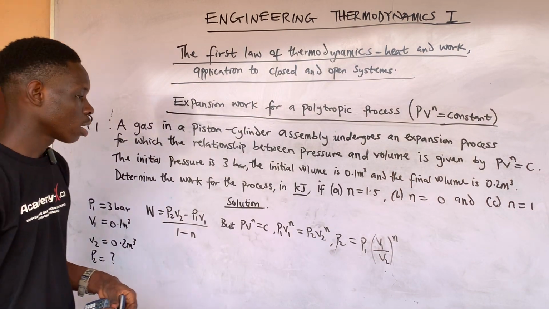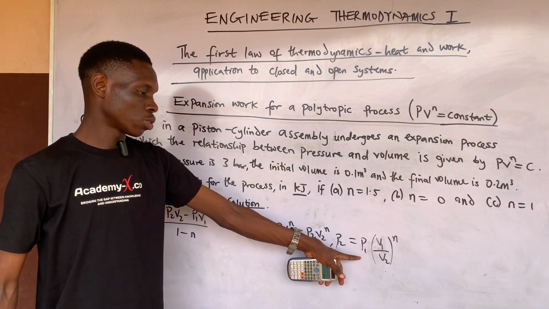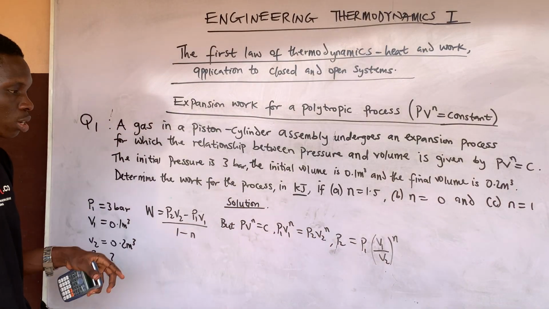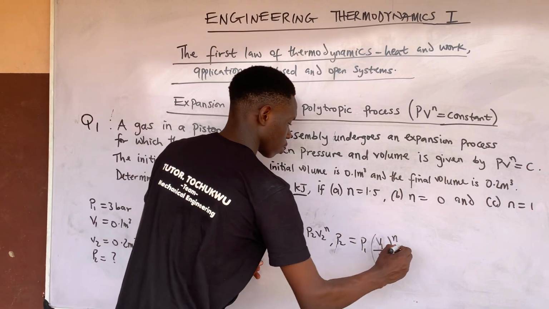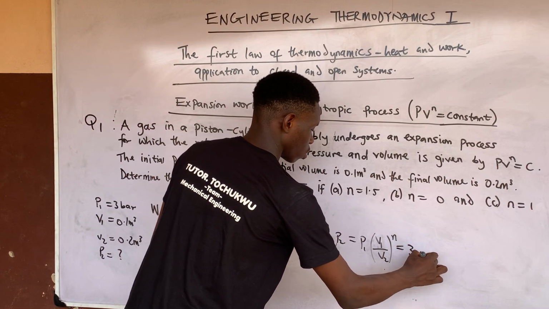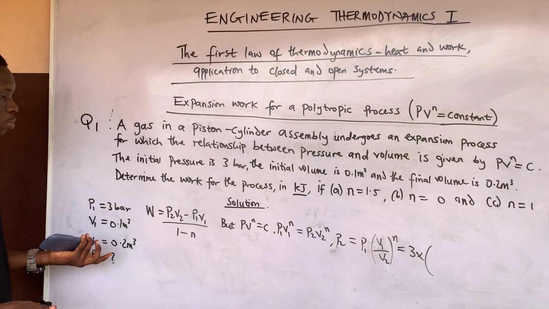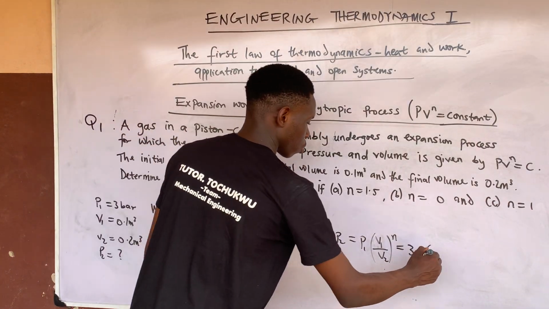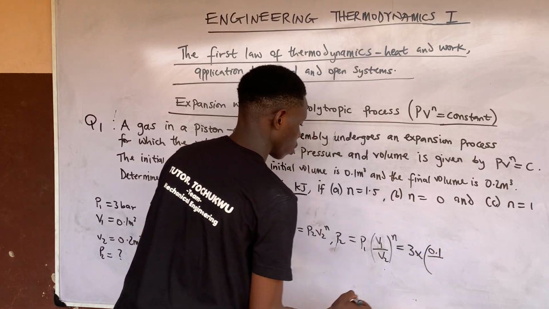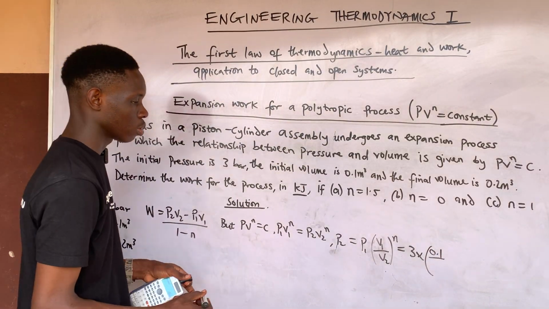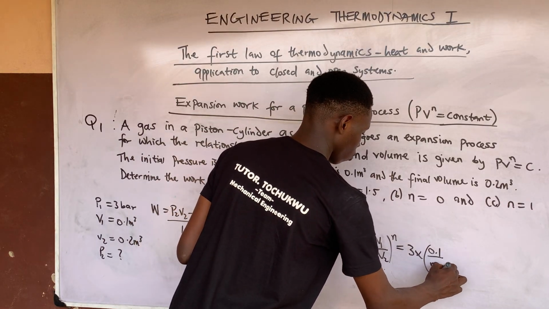Now I know my pressure at state 1, P1, is 3 bar. So this equals 3 multiplied by V1, which is 0.1 m³, divided by V2, which is 0.2 m³.